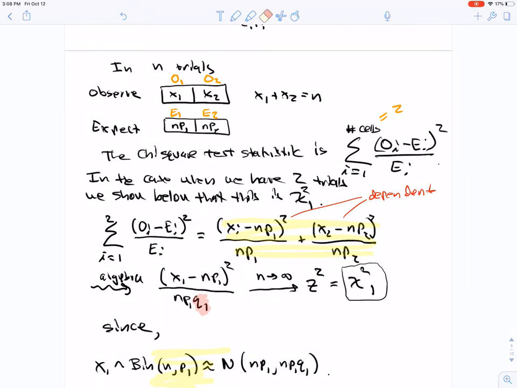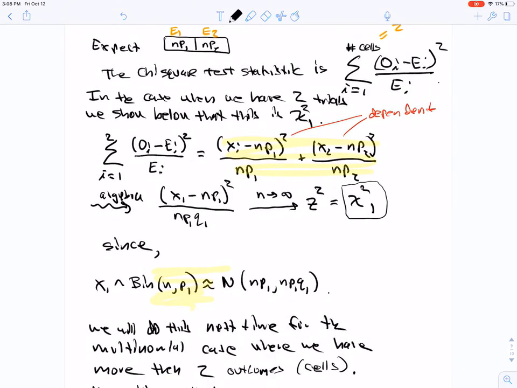Actually, I'll write here p2. Well, I'll just write q1, fine. So that's the standard deviation, or rather the variance. So this is approximately normal squared, which is chi-squared with 1 degree of freedom. And that's right, since the binomial with np1 is approximately normal with mean np1 and variance p1q1.